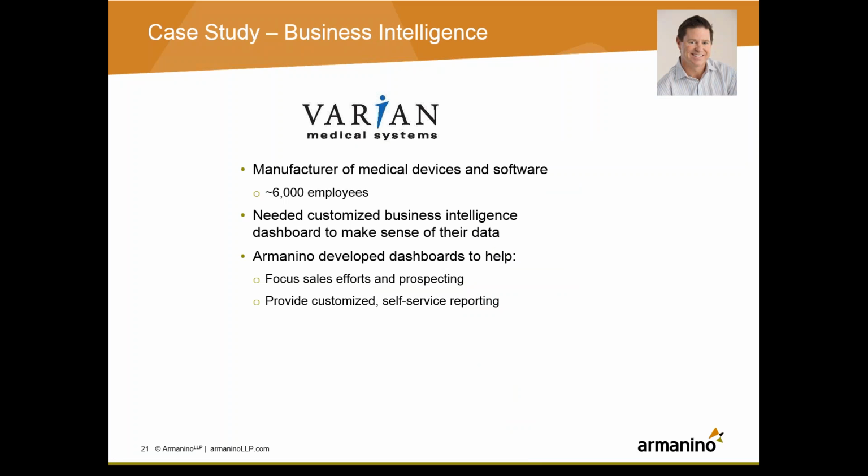Here's an example that I just wanted to share with everybody today. Varian Medical Systems, a medical manufacturing device organization. We worked with them. We deployed some key business intelligence software for them, but they really use the BI software to help them focus around their sales efforts and sales reporting.